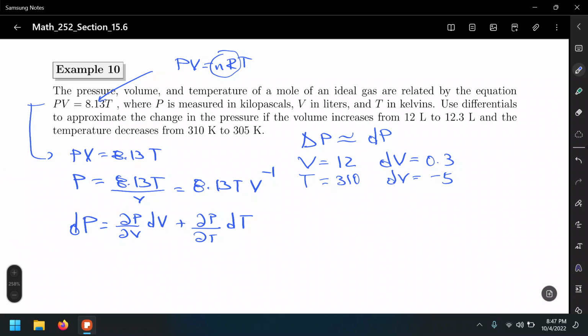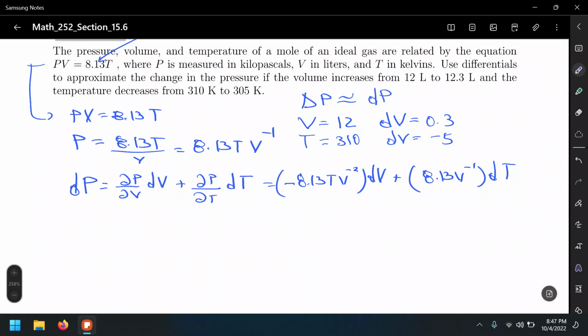The partial derivative of the pressure with respect to the volume is going to be negative 8.13 T V to the negative 2 times dV, plus the partial of the pressure with respect to temperature. Well, what's the derivative of T in this case? 1, times all these multiple constants. And that times dT.